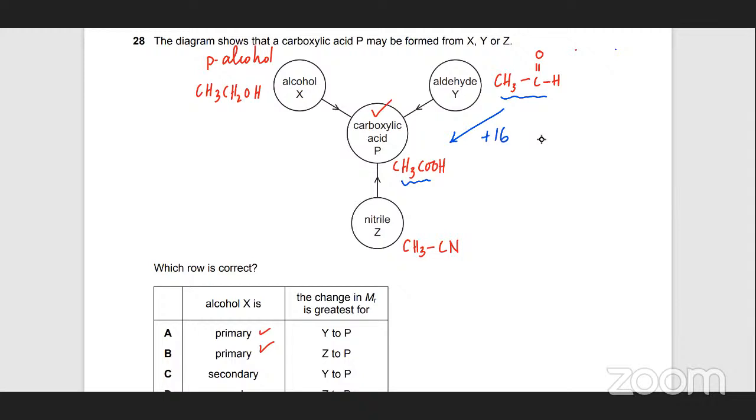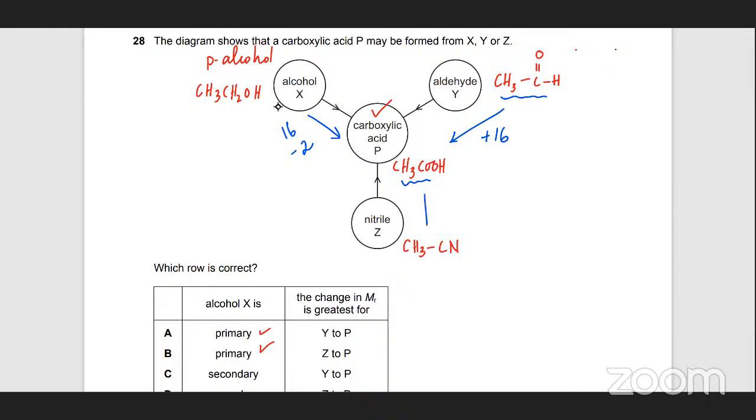Okay, here what is the change that's happening? The CH3 part is the same, and what's changing is that 2 hydrogens are getting lost, and instead 1 oxygen is getting added. So that's 1 oxygen getting added, that's 16, and 2 hydrogens getting lost, that's -2. So that's a change of 14, I think. And you can correct me if I'm wrong.